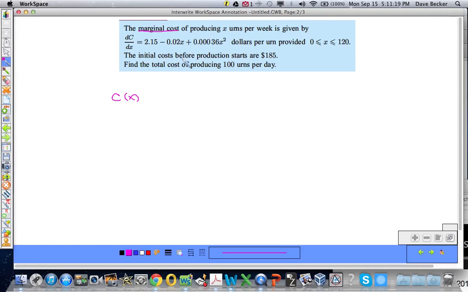We know the initial cost before production starts is $185, and we have to find how much it costs to produce 100 urns. So the cost function is going to equal the integral of the marginal cost. That would be the integral of 2.15 minus 0.02x plus 0.000036x squared dx.